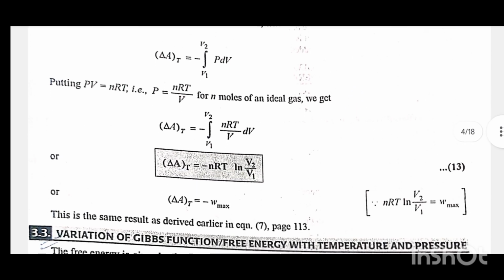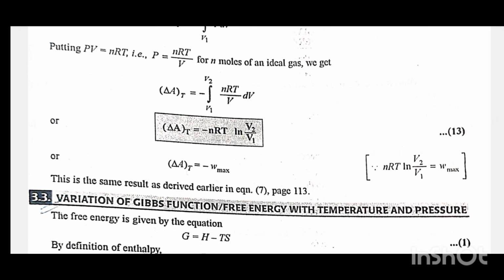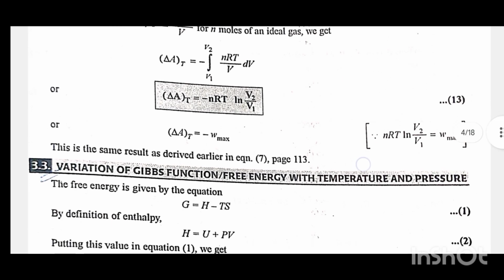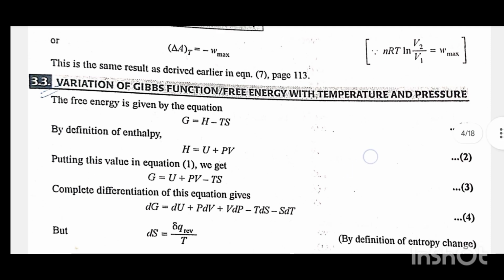Putting PV is equal to nRT, that is P is equal to nRT upon V, for n moles of an ideal gas, we get delta A at constant T is equal to minus nRT integral V1 to V2 dV/V. Delta A at constant T is equal to minus nRT ln V2 upon V1. Delta A at constant T is equal to minus W max. This is the same result as derived earlier in equation 7.